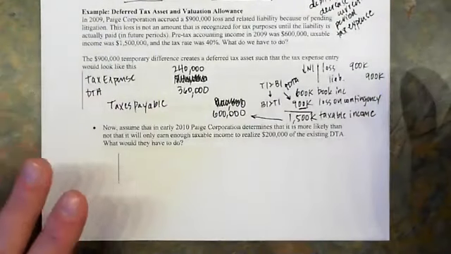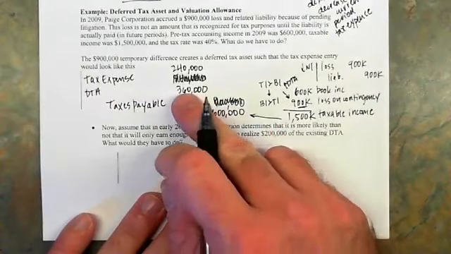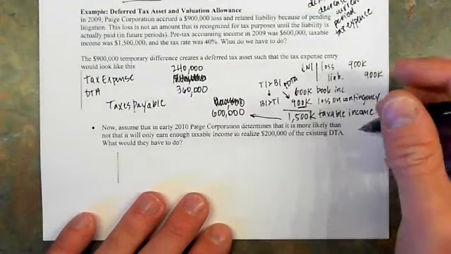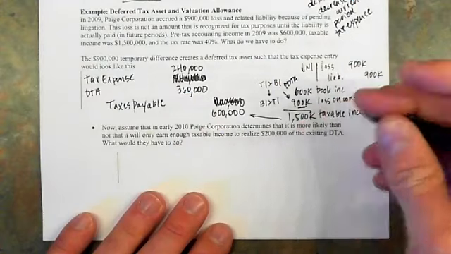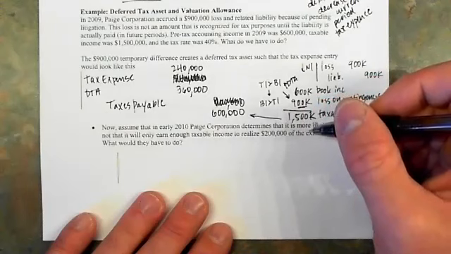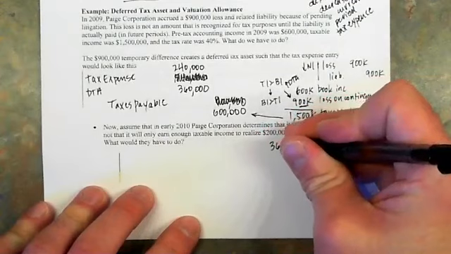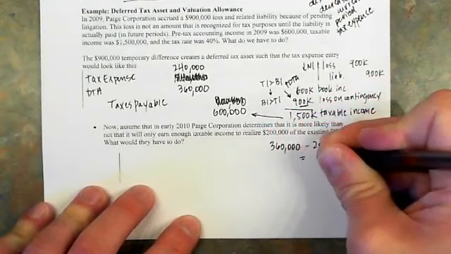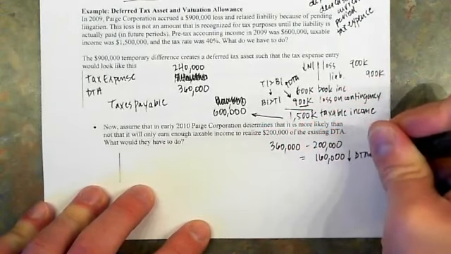I was very reluctant about that $500,000 number. Anyway, so now we have $200,000 of this DTA. It's only going to be able to realize 360,000. So we want to net off an amount so that we only have $200,000 of the DTA remaining, which means that if I just want that amount as my desired amount of DTA, then I have to reduce the DTA by this amount.